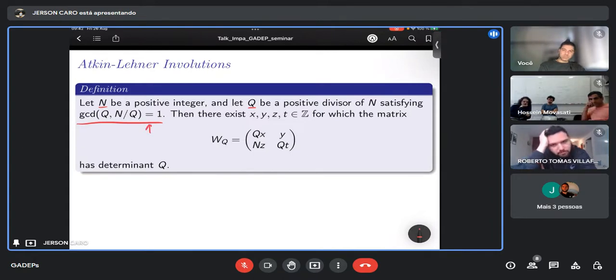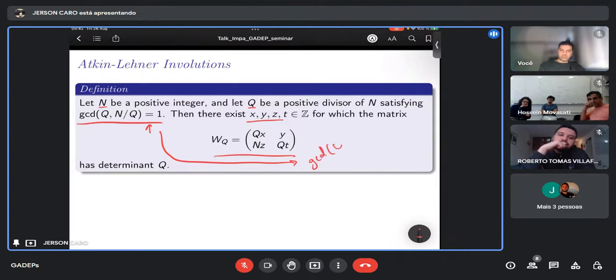And thanks to this relation, we know that there exist these 4 integers, such that this matrix has determinant Q. This definition is equivalent to saying that the GCD of Q² and N is Q. So in particular, we can find x, y, z, and t.